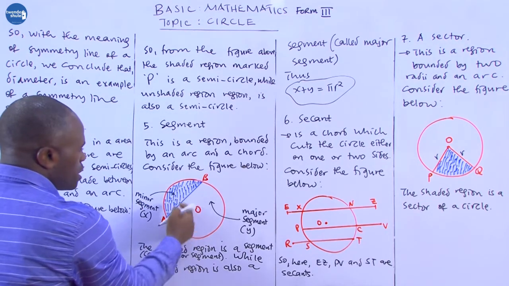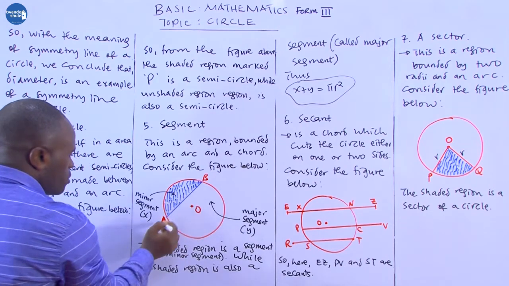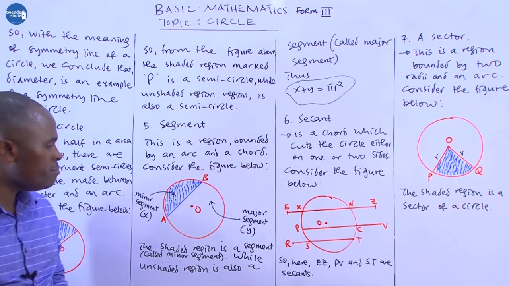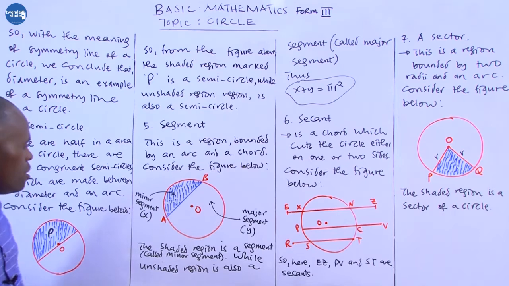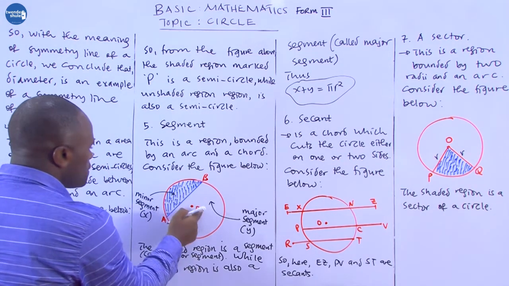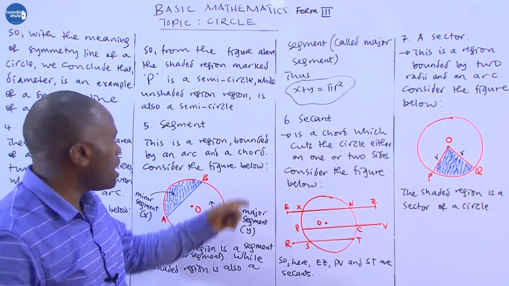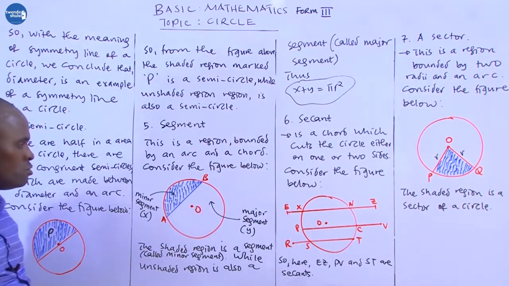And this one is also a segment since there is an arc here, a major arc, and also the same chord. So we simply say we have a minor segment and a major segment. In the case of semicircles, the two segments are congruent. But in normal situations, we have a minor and major segment, in which summing the minor segment and major, you must be getting the total area of a circle, which is pi r squared. So this is one of the most important terms used in a circle.